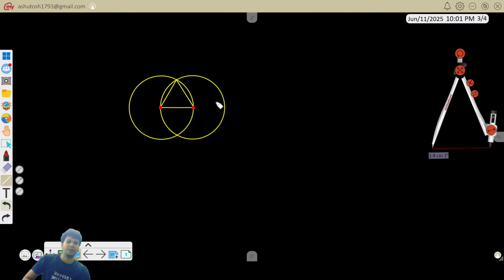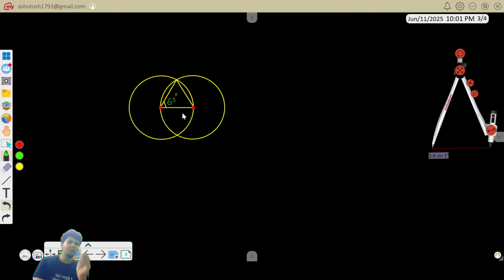This is an equilateral triangle. What is the angle of an equilateral triangle? That's why the angle over here is 60 degrees. So that is the reason that when we cut this arc with this arc, we get the angle as 60 degrees.